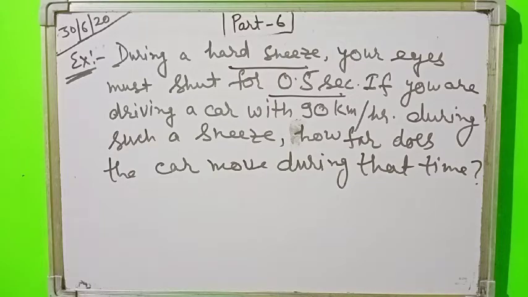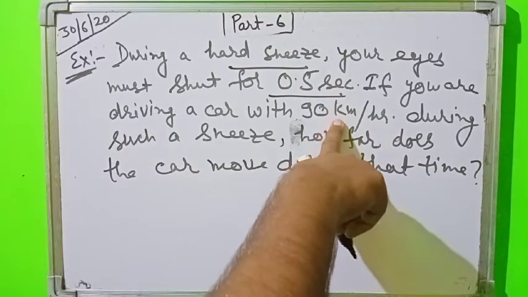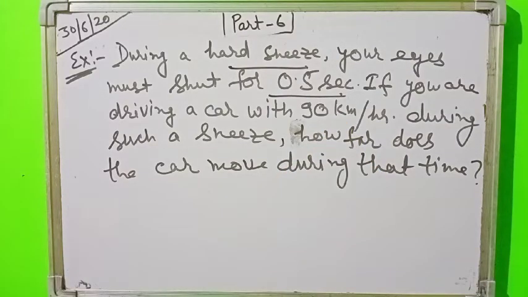The first and foremost thing is to change 90 km/h into meter per second. Look at here.